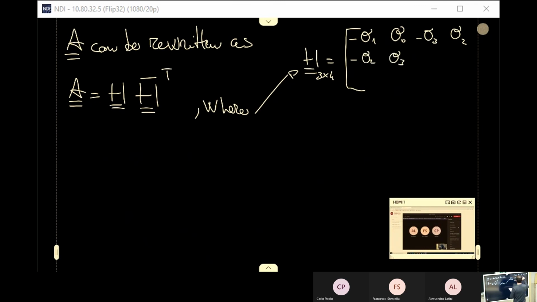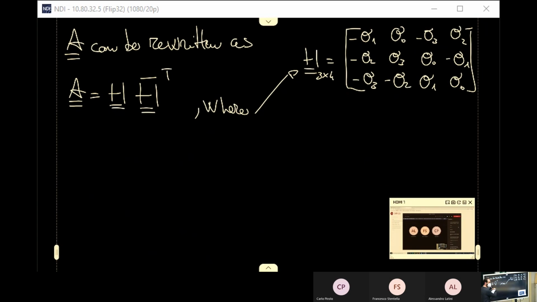Again, I won't be asking you the composition of these matrices at the exam, but it's nice to see it once, because this matrix H and then H over bar that we will see now are linear in theta.